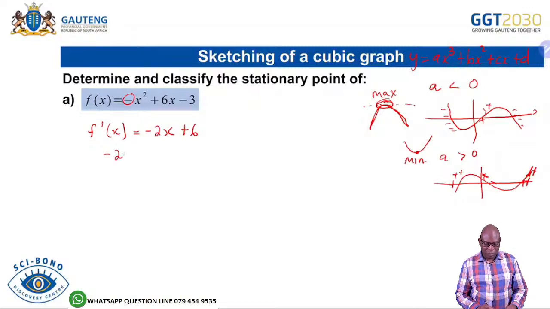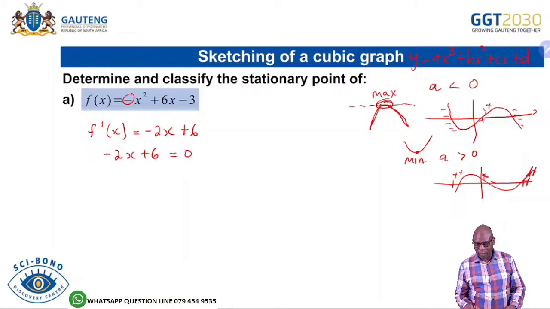And after we differentiate, we equate this to 0. Why do we equate it to 0? Because at the stationary point, at the turning point, the gradient of that line is 0. So that's why we equate it to 0, not to any other number.